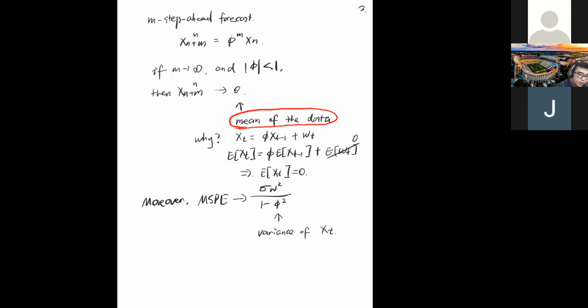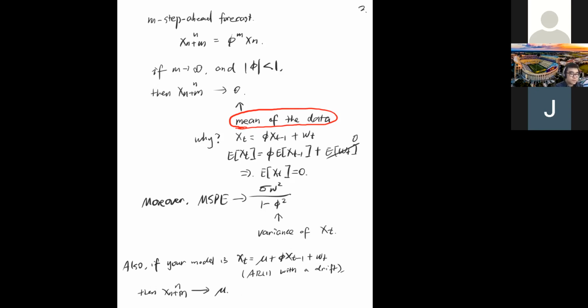Yeah, and also, suppose your model is an AR(1) with a drift. Okay. This is AR(1) with a drift. Let's write it this way.